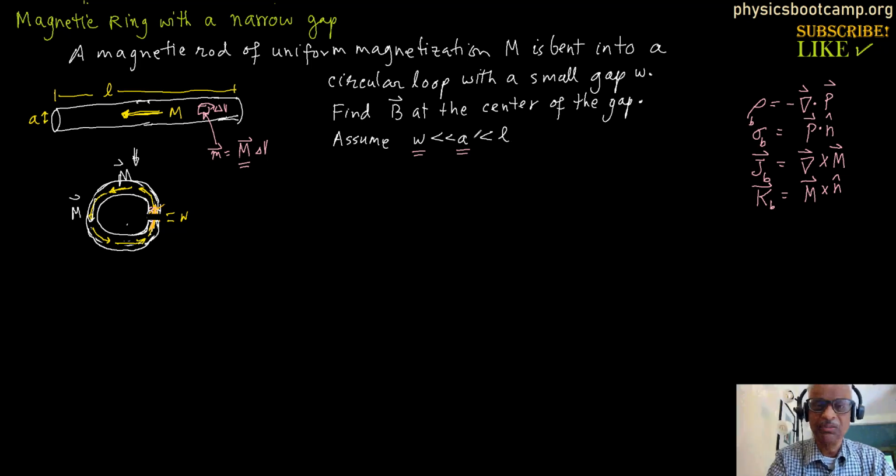So this approximation, I should say like this. It's a very narrow wire, so to say, and all this goes into simplifying the calculation. We want to get the field at the center, so somewhere here.